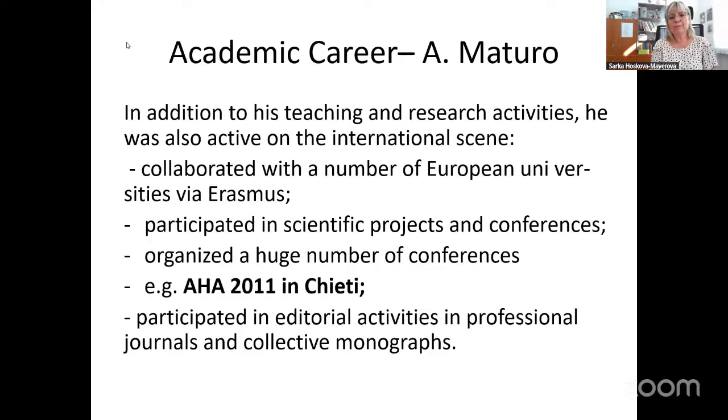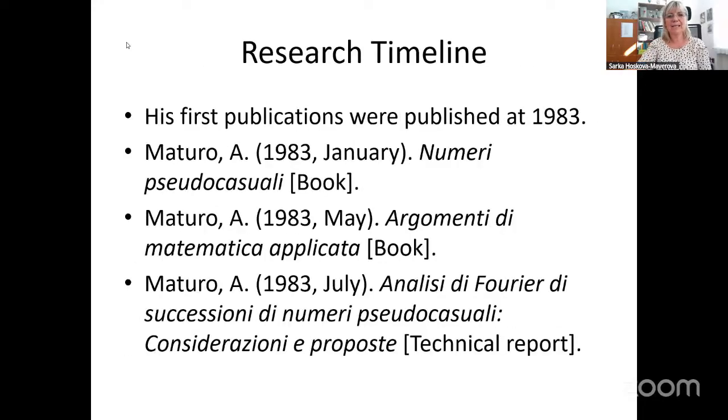He participated in various scientific projects and conferences, and I would like to mention one, the most important from our point of view: the AHA conference in 2011, which he organized for us in Chieti, and we enjoyed the time not only via Ratio Mathematica, but also via dancing, which he loved a lot. We can continue, please. Next slide.